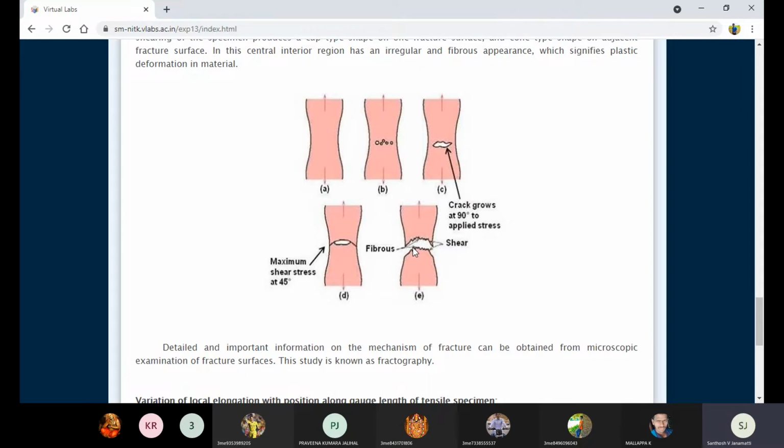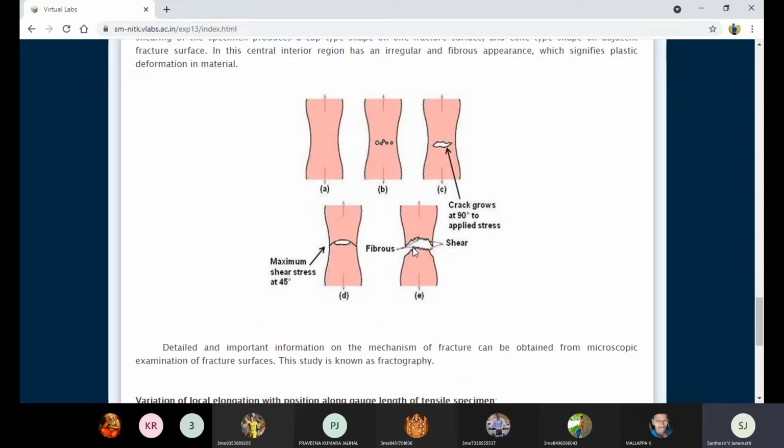There is no angle in the fracture surface; it looks flat. So if you observe a flattened fracture surface, we can say this is not a ductile material.